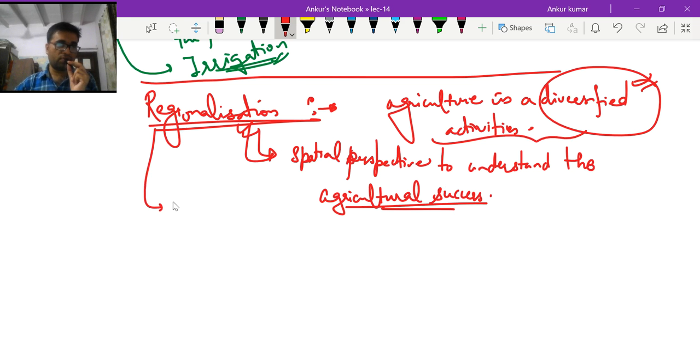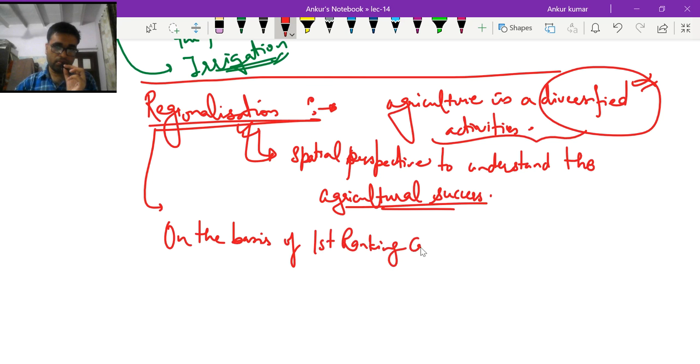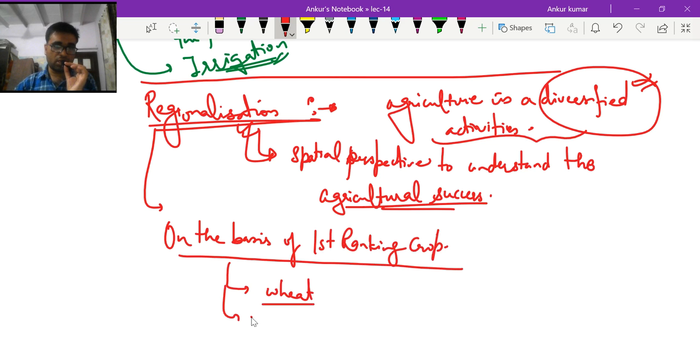Right, and this regionalization can be done on a number of factors. The first dominant factor is on the basis of the major crop, that is, the first ranking crop. That means some regions are wheat growing regions, some are rice growing regions, some are cotton growing regions.